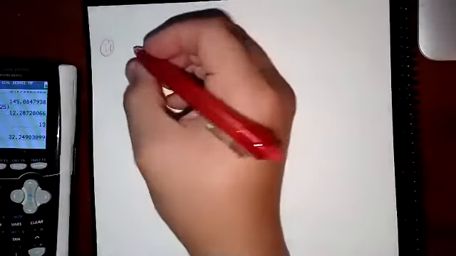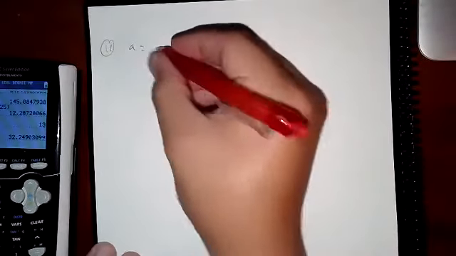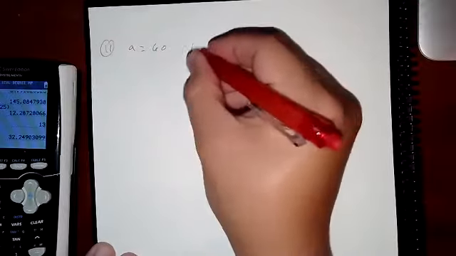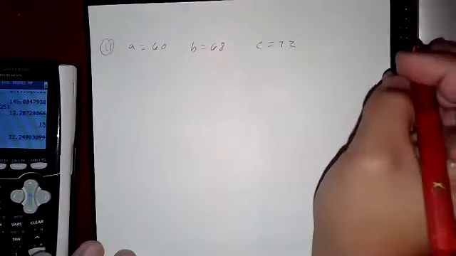So this is basically another Hero's formula because we have, it looks like all three sides, right? So find the total area and then divide that by 70. That will give you the number of cans. So let's go ahead and do it. I'm arbitrarily going to name them as A60, B68, C72.